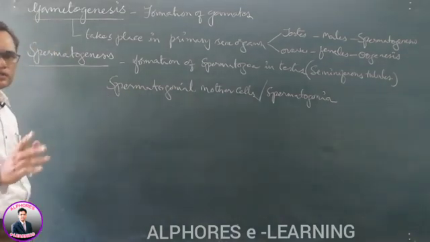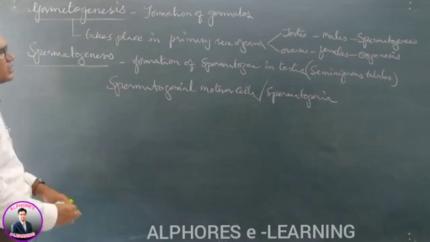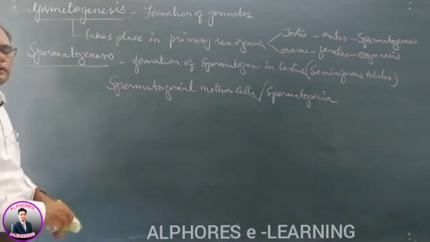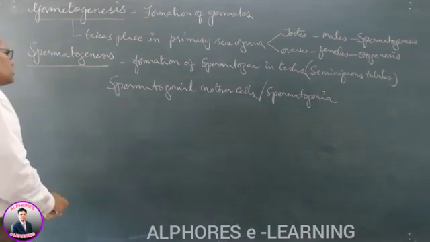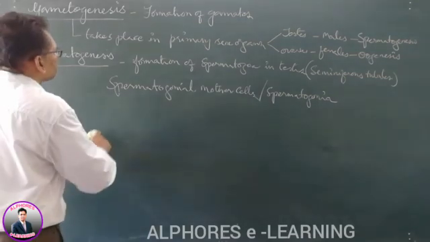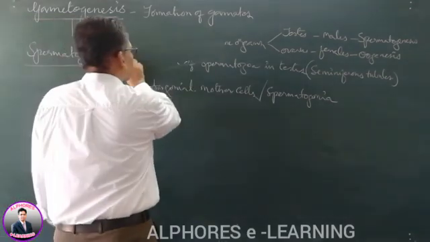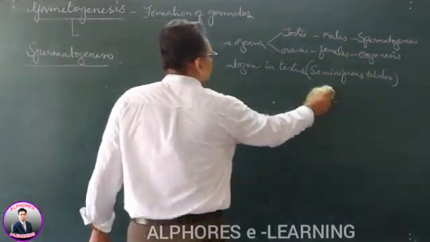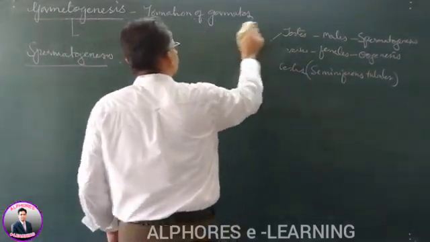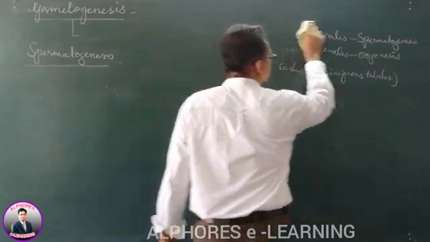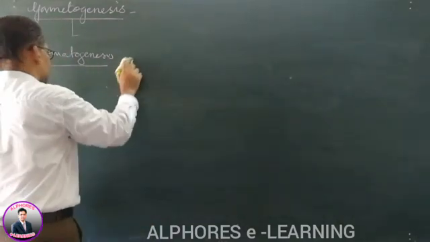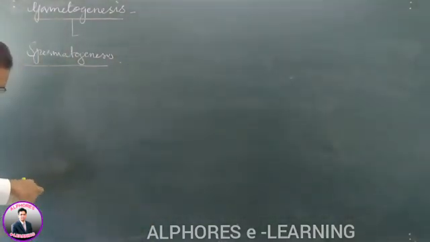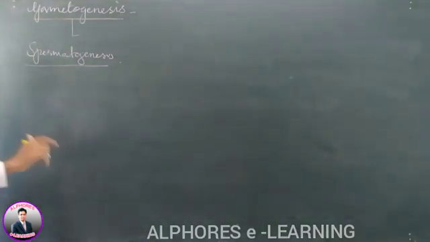Now, how does this process take place? Spermatogenesis involves the following three stages. What are the three stages involved in the production of spermatozoa?